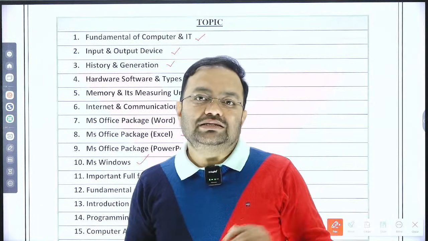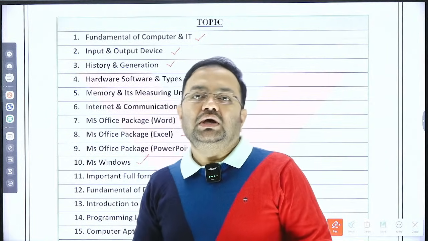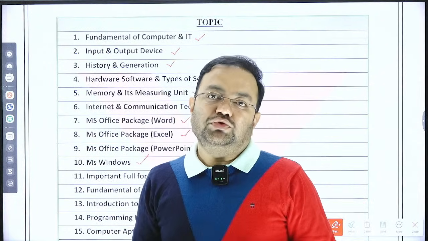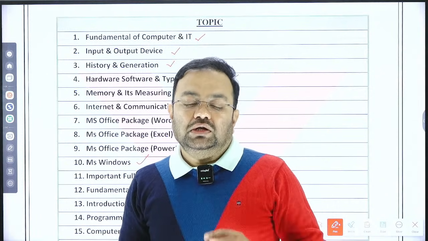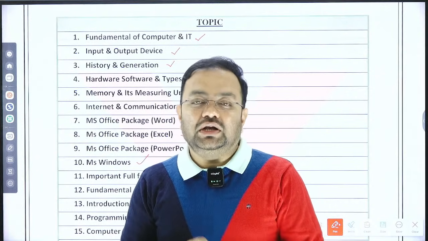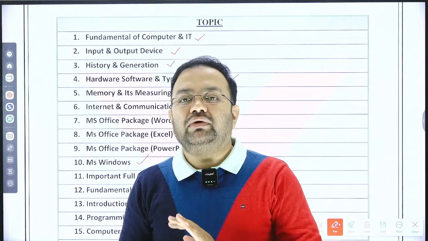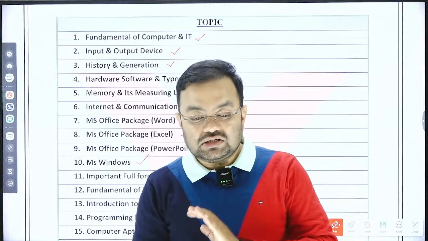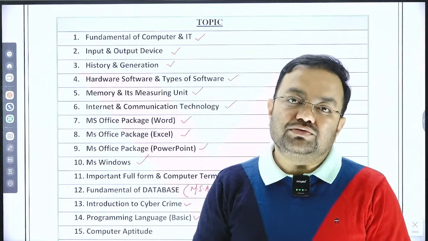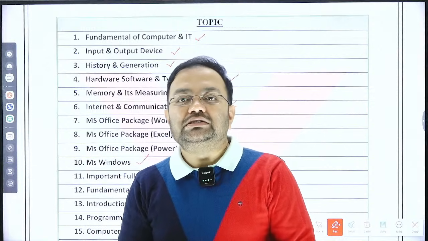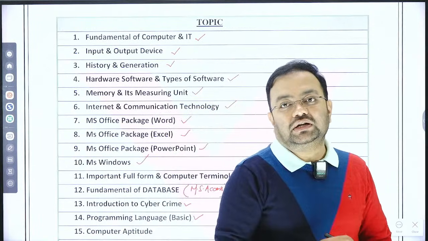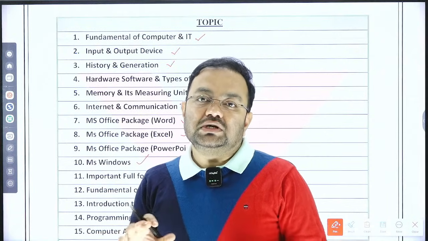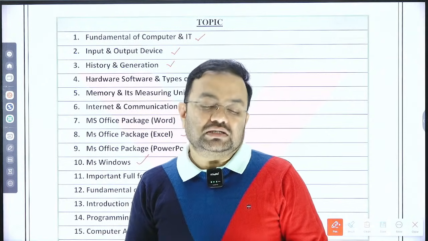As per the last 3 examinations of Odisha Staff Selection Commission combined graduate level examinations, if you go through the previous year questions, I am telling you the valuable chapters: fundamental of computer and IT, input and output device, history and generations, hardware, software and types of software, then memory and its measuring unit. The 6th chapter is data representation and number system, the conversions of decimal to binary, octal, hexadecimal.